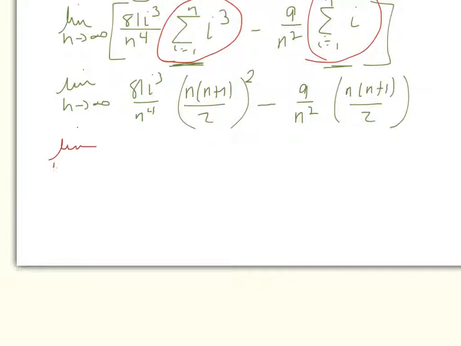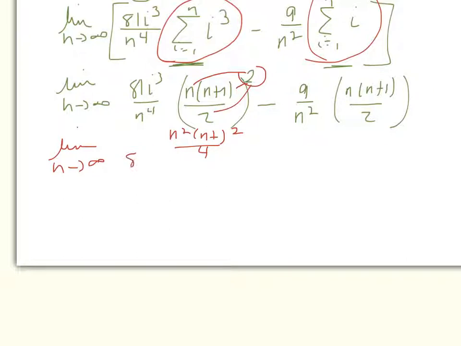All right, so we have the limit as n goes to infinity. I know that this 2 right here can be distributed here, here, and here. So this is really n squared over n, or times n plus 1 squared over 4. So knowing that, I can do some reducing.